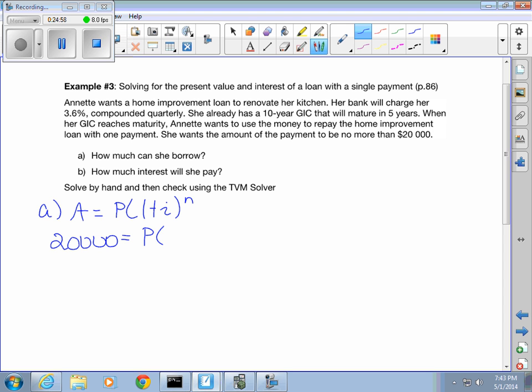And the interest she is paying is 3.6% quarterly, so you divide it by 4. And then our n is the 5 years that she's got times 4, so it's to the power of 20.